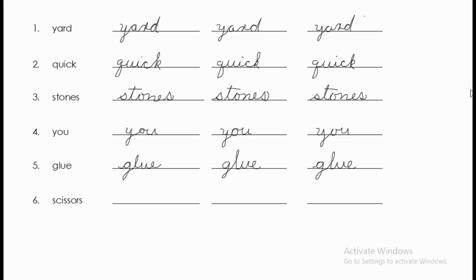And the last one, we need to write scissors. Scissors again. Scissors. Okay, and finally, one more time, we write scissors, okay, with double S.